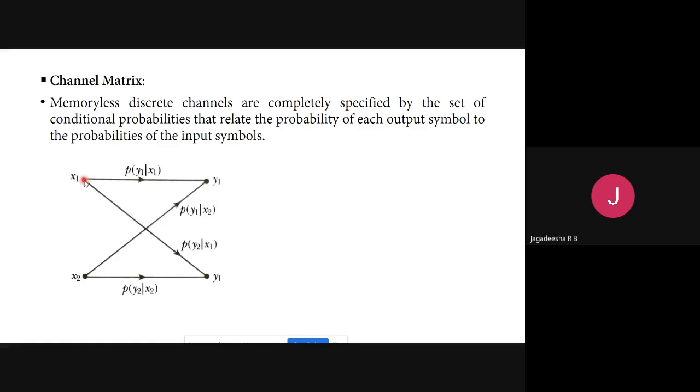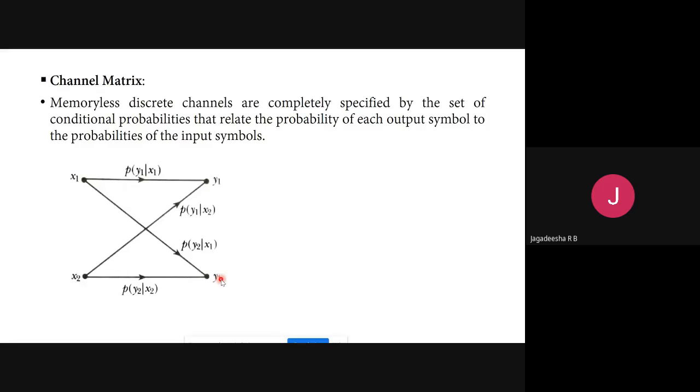For example, there are two symbols here, x1 and x2. These are the two inputs we want to send through this channel. This is a channel, and this is the place where you collect the outputs. So if you transmit x1, you get y1, or you transmit x1, you get y2.